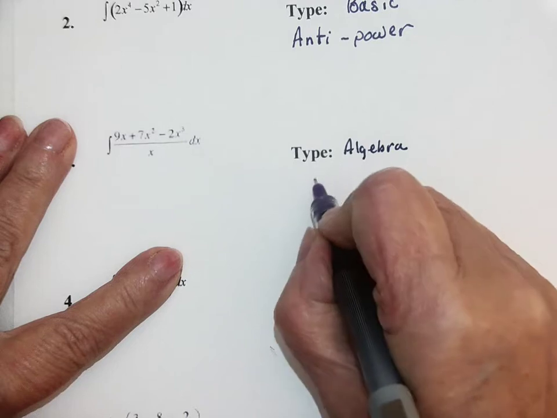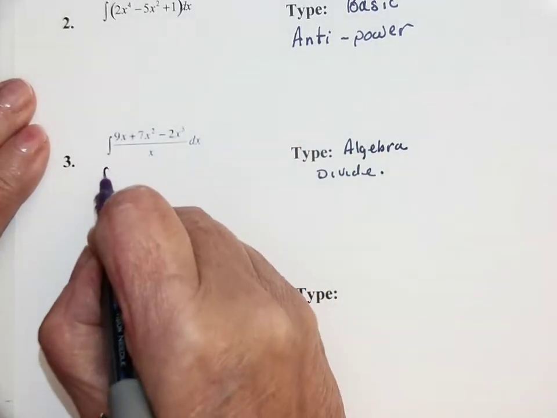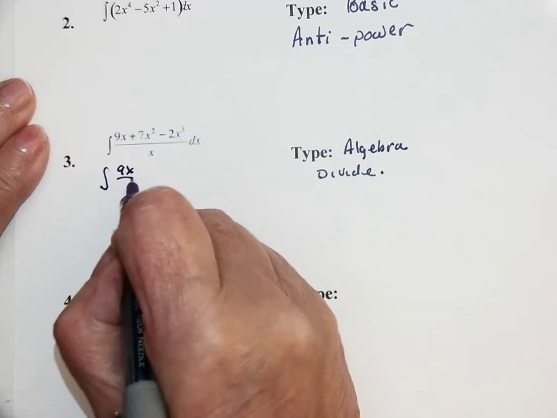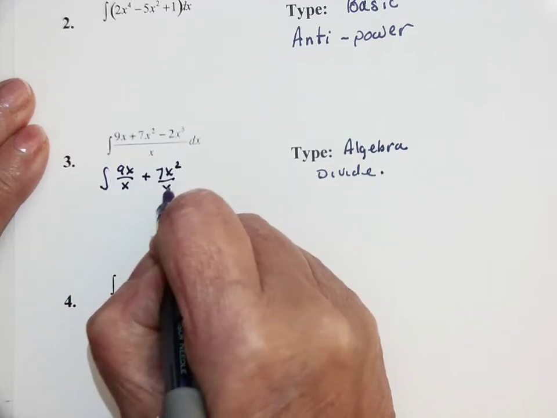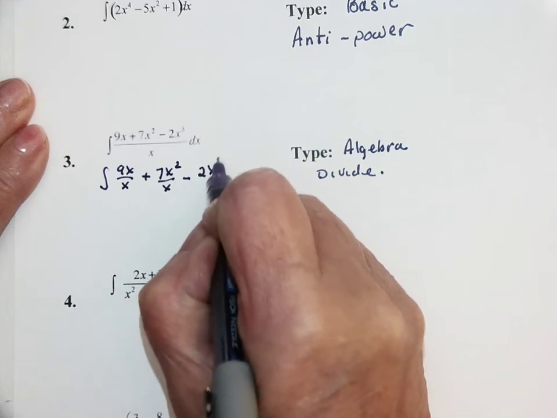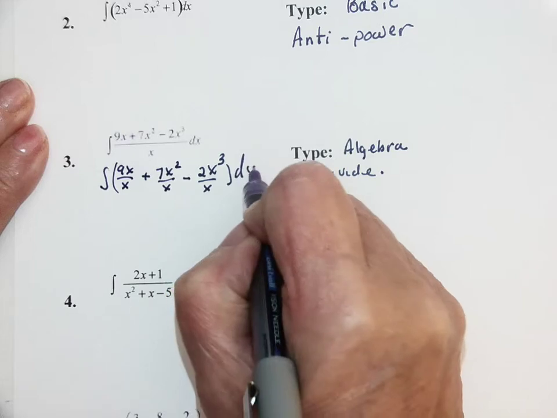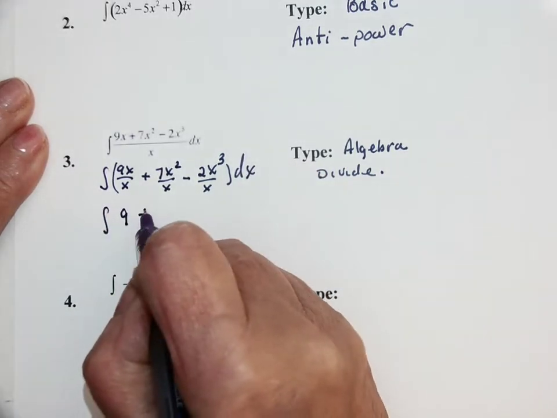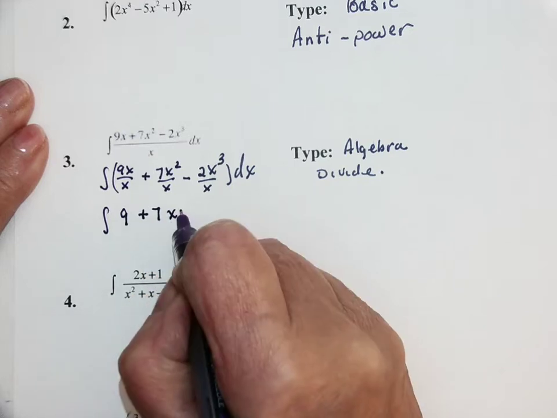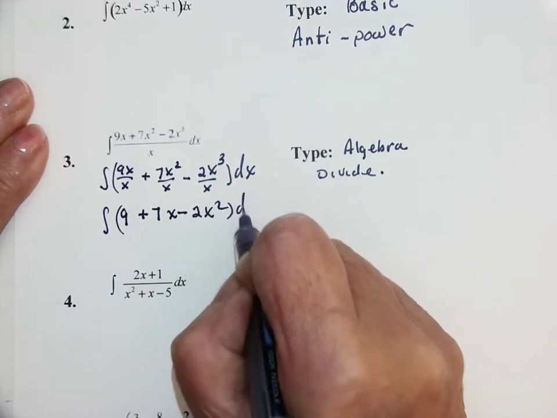And what do I have to do? I have to divide. So this becomes the integral of 9x divided by x plus 7x squared divided by x minus 2x cubed divided by x dx, or 9 plus 7x minus 2x squared dx.